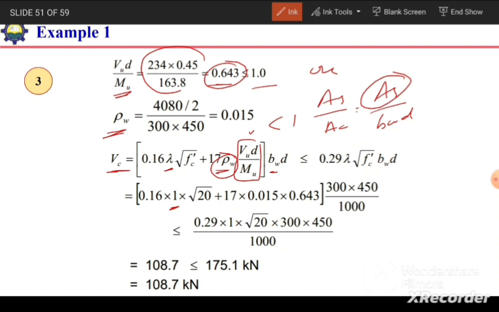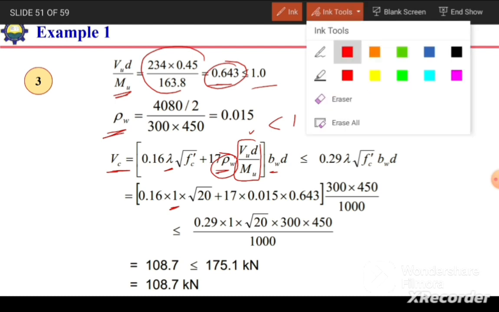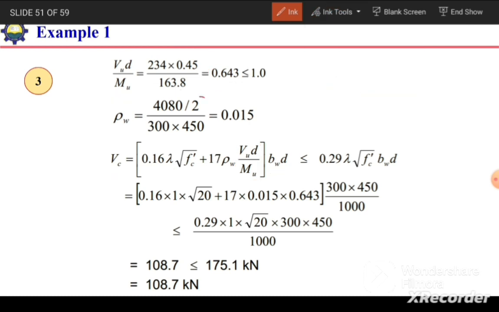We have a total of 8 bars in the beam, out of which 4 bars have been curtailed at a distance of 450 millimeter from the face of the support, or we can say at a distance of 0.6 meter from the center of the support. So at that section we have only 4 bars, and because of that we need to divide the area of the 8 bars by 2. So As divided by bw and d will give us the longitudinal reinforcement ratio.